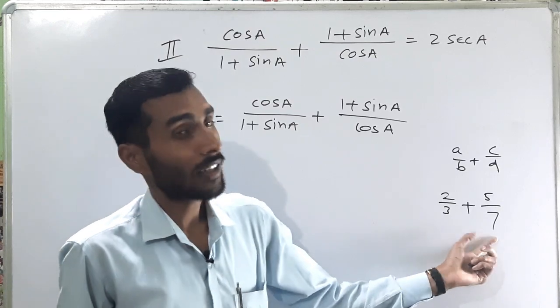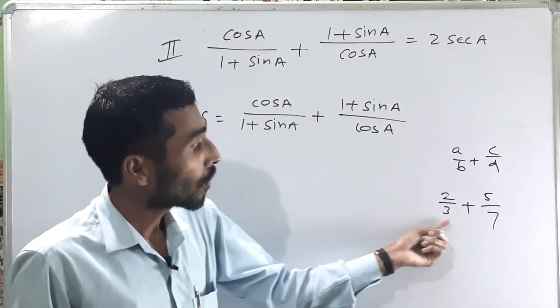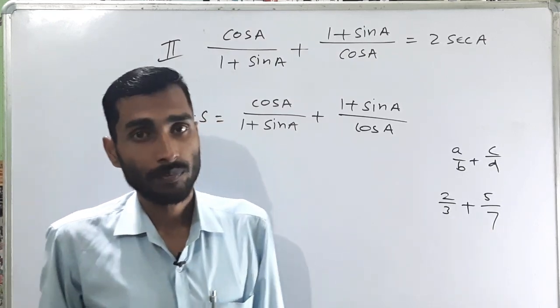Here 3 and 7 are co-prime numbers. There is no common factor in 3 and 7, right?